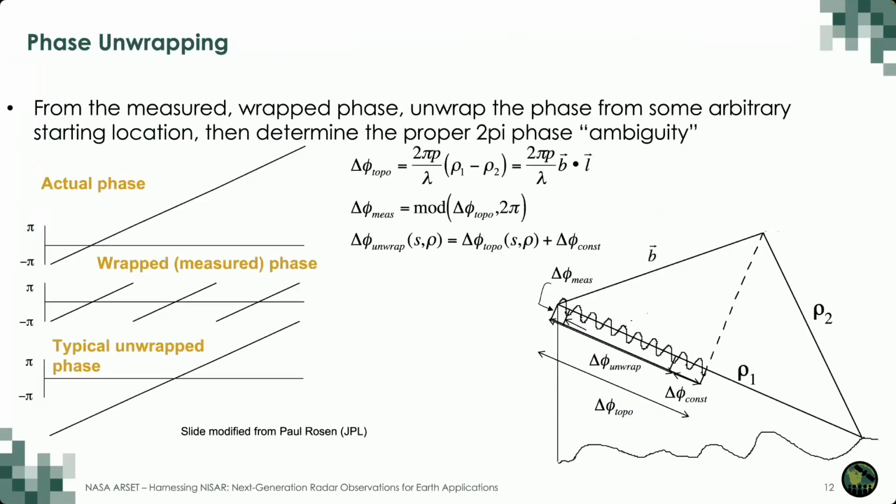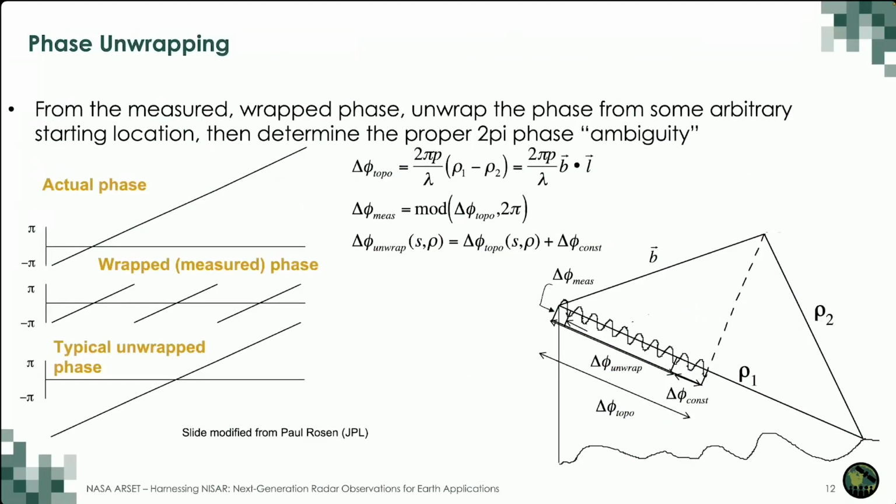Another key aspect of SAR interferometry is that we can only measure the radar phase modulo 2 pi. Basically, the phase is going around in a circle, and it's in the complex numbers, and we can only measure the phase modulo 2 pi. So this top graph here shows the actual phase that we want to measure.